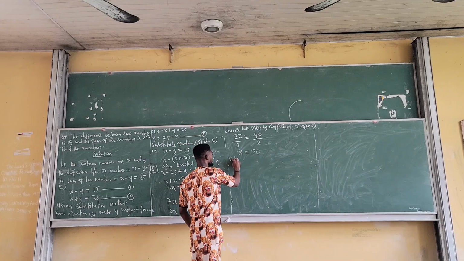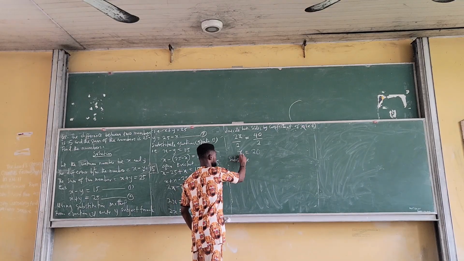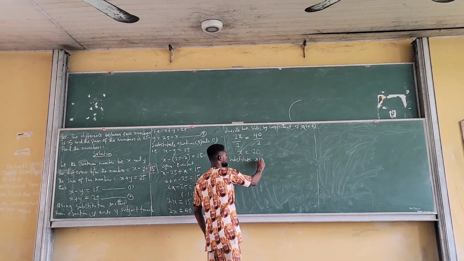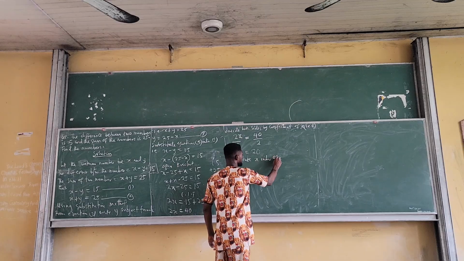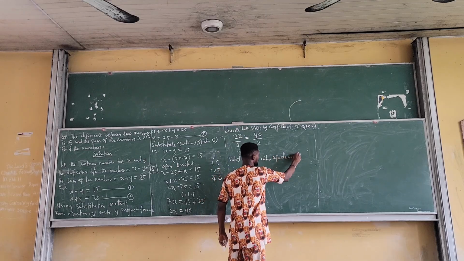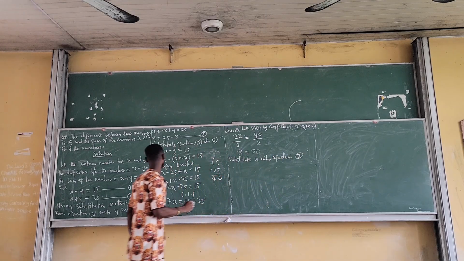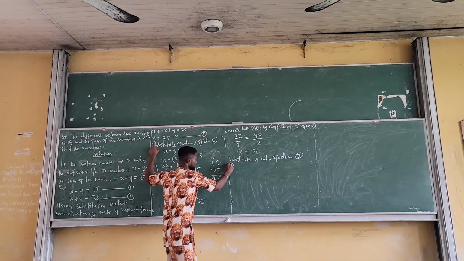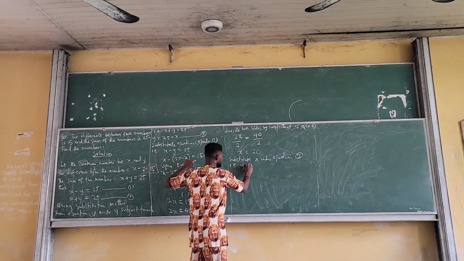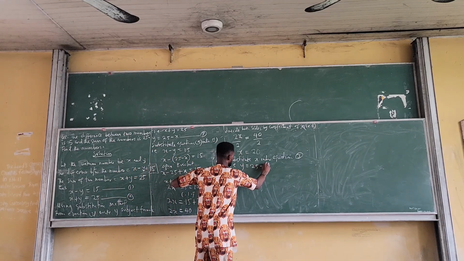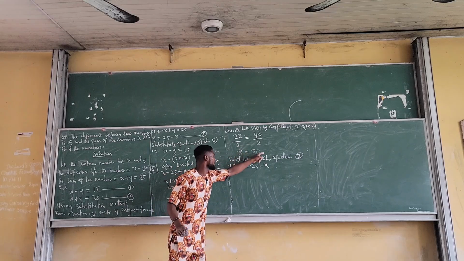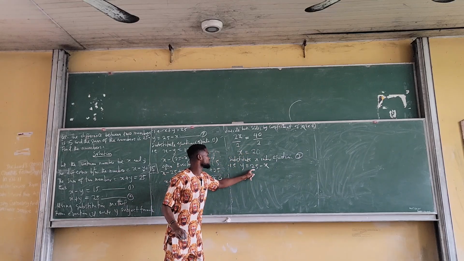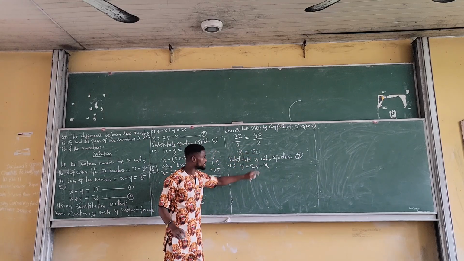So you're going to substitute x into equation 3. Equation 3 is y equals 25 minus x. Whenever you see x, replace it with 20.